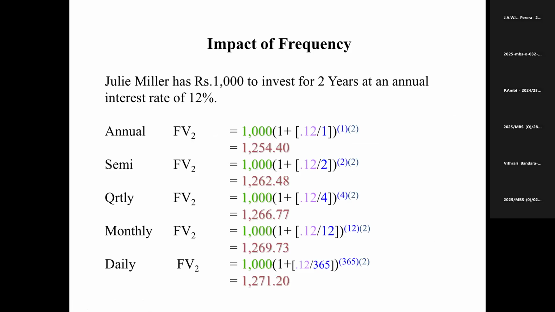Here I put: Yuli Miller has 1,000 rupees to invest for 2 years at an annual interest rate of 12%. If we have an annual frequency at 12% for 2 years, it becomes 1,254.40 after 2 years.